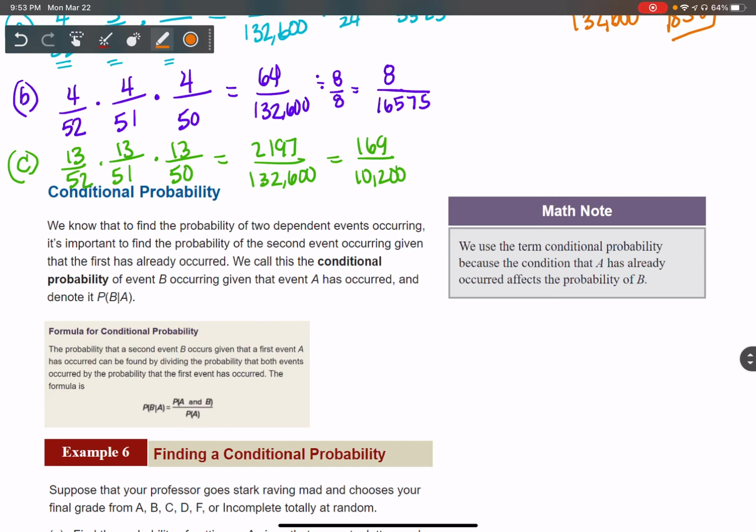We call this the conditional probability of event B occurring given that event A has occurred, and we denote it as P of B given A. So the probability that a second event B occurs given that a first event A has occurred can be found by dividing the probability that both events occurred by the probability that the first event has occurred. This is P of B given A.